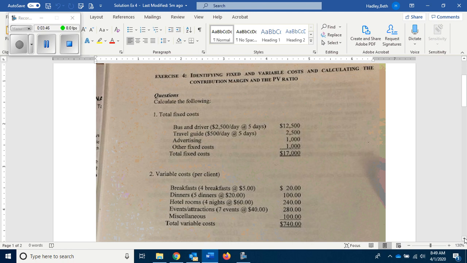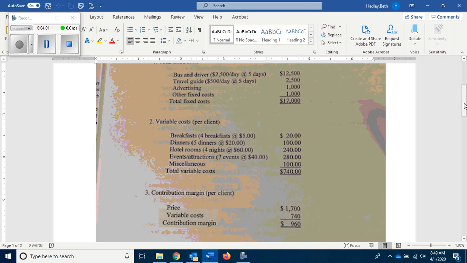Okay, so your contribution margin, we know what the formula is. It's price per client minus variable cost per client gives you contribution margin per client. We just figured out what the variable costs were per client, and in the information above, it says price per client. So that's going to be 1,700 minus variable cost of 740 gives you a contribution margin of 960.